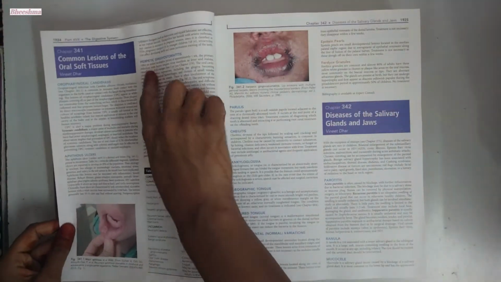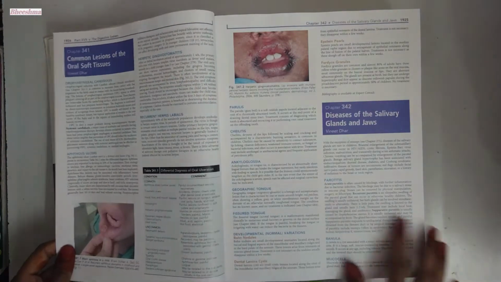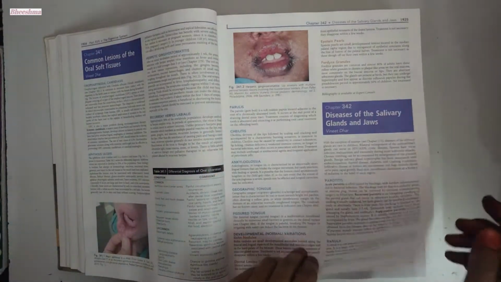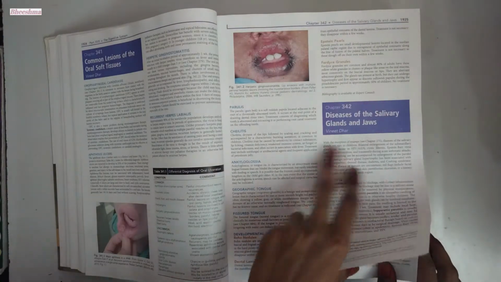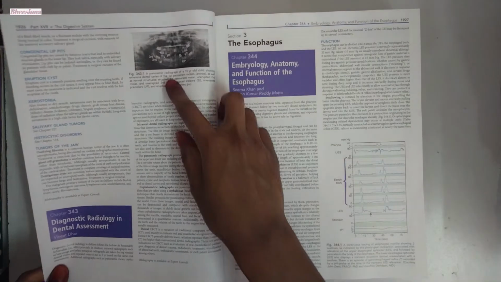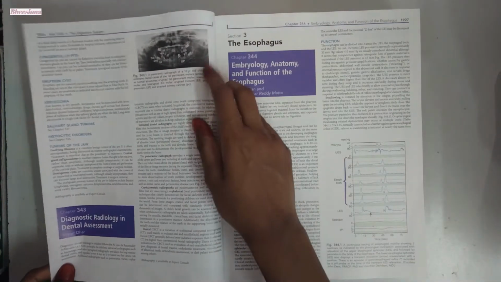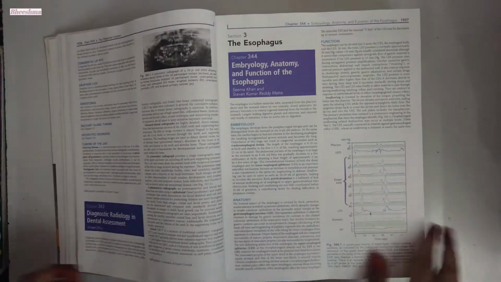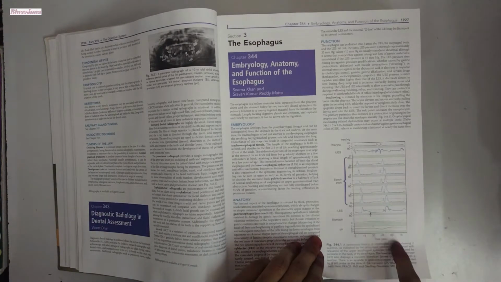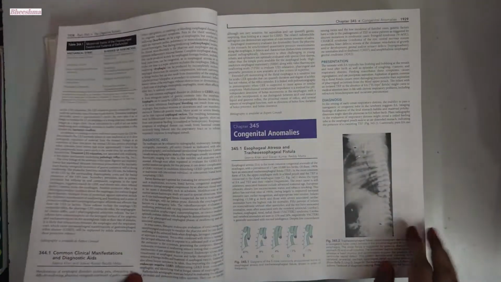Then common lesions of oral soft tissues. Then herpetic gingivostomatitis. Then diseases of salivary glands and jaws. The panoramic radiograph of a 10-year-old child is given. Then about the esophagus. Here the tracing of esophageal motility is given in the picture.